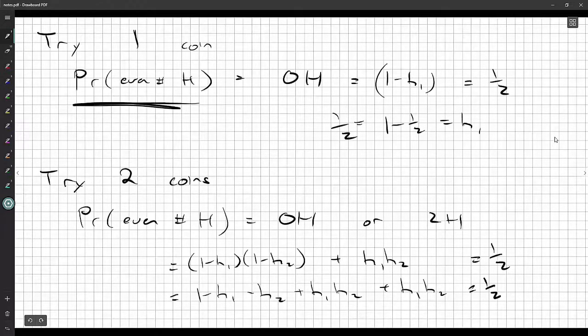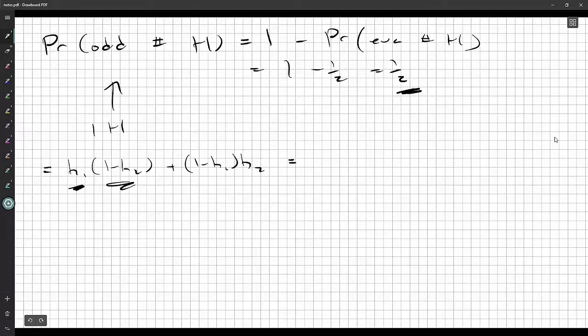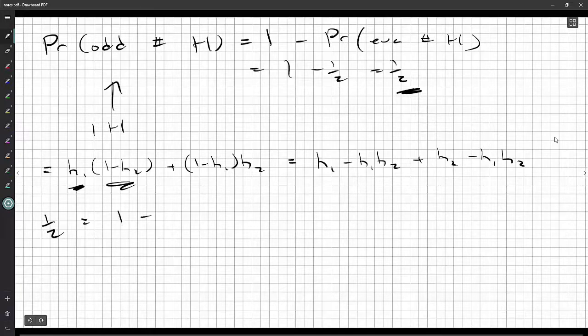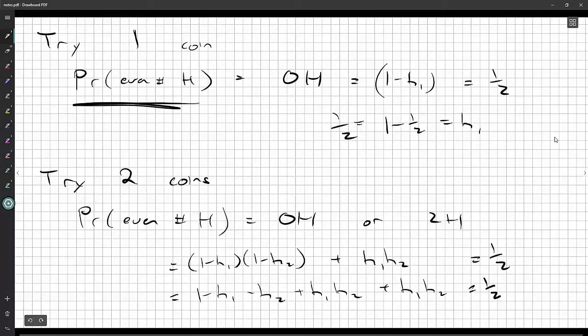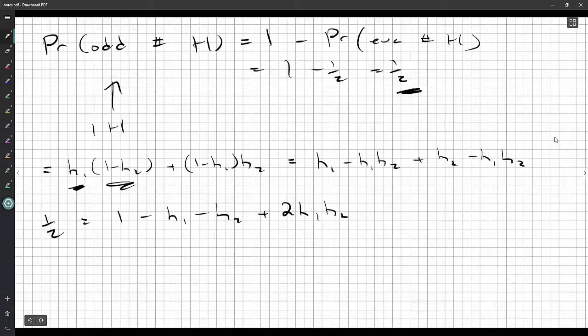And so maybe we can add the 2 equations and get 1, or maybe they're equal. We could subtract them. Who knows what we can do? But we'll expand this out. H1 minus H1 H2, and then H2 minus H1 H2. So we know 1/2 is 1 minus H1 minus H2 plus 2 H1 H2, these 2 here.